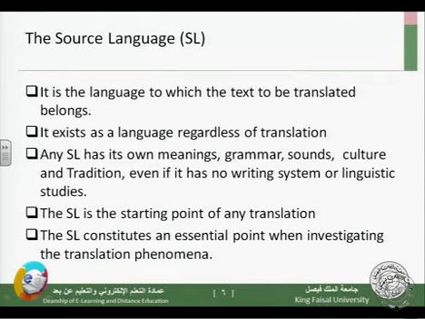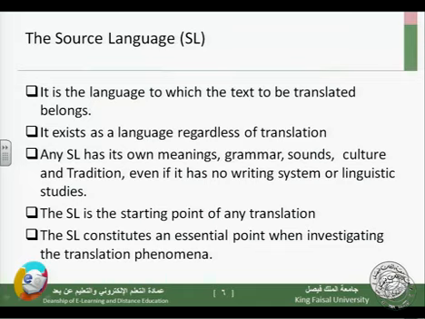Arabic is the source language, and English is the target language, if you want to translate from Arabic into English. Then if you want to translate from English into Arabic, then the source language is English and the target language is Arabic.